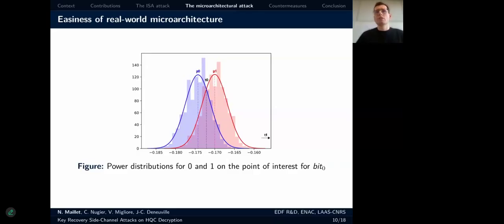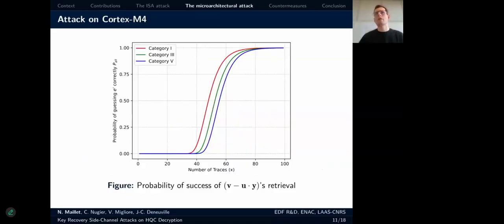So with this method, it's quite devastating because it's really easy, and you have some statistical results from the power traces. If you do so on the whole blocks of the sensitive value v minus uy, you need multiple traces in this case, because the real hardware has some statistical noise.